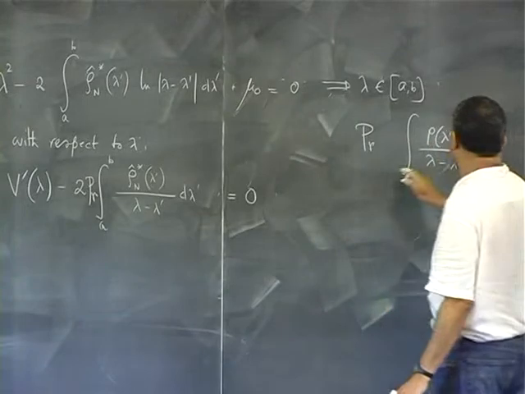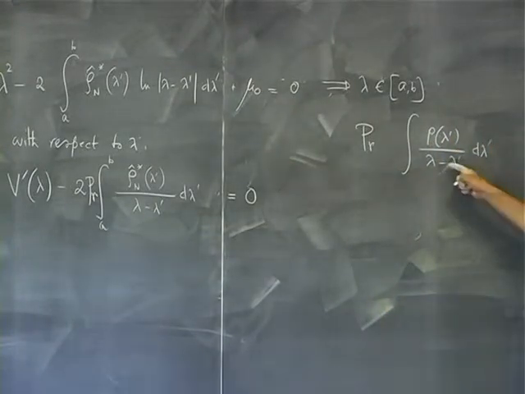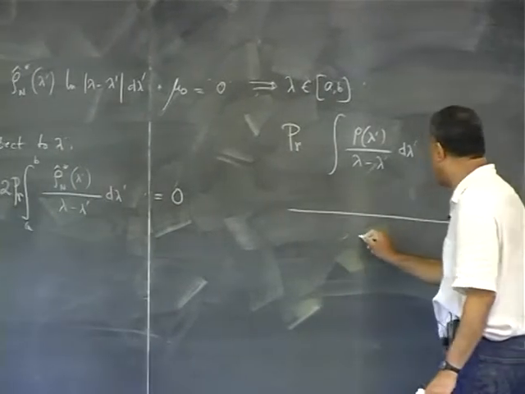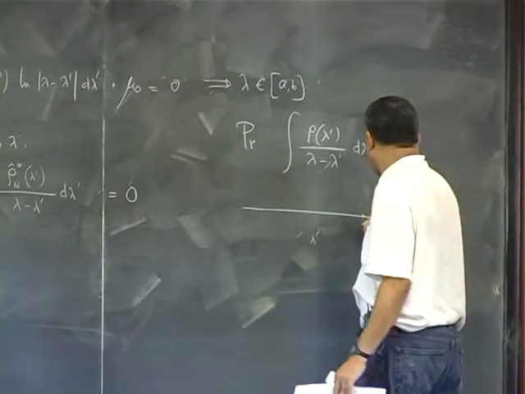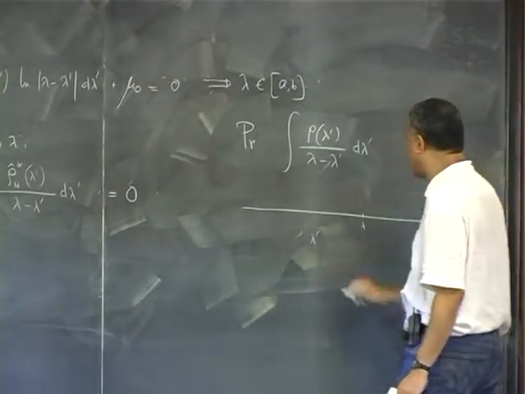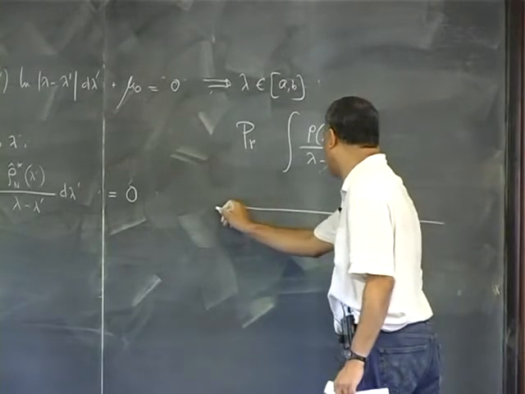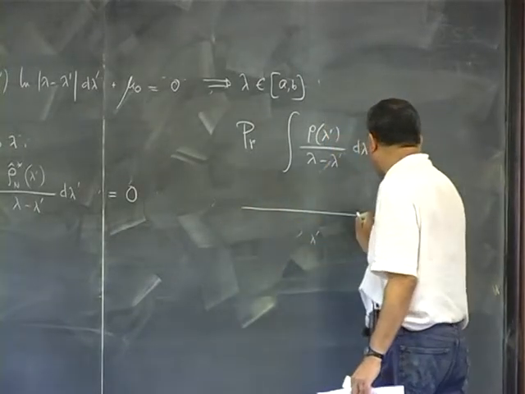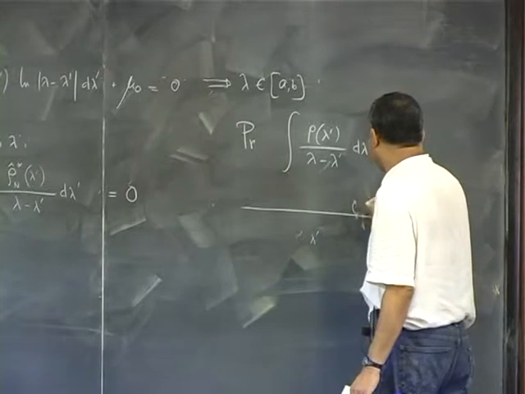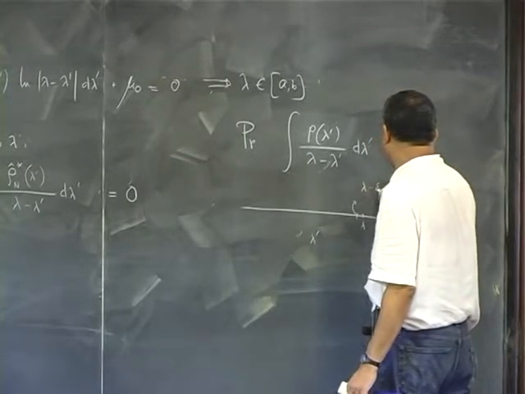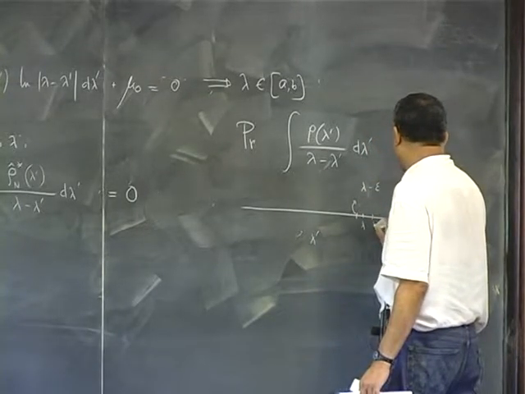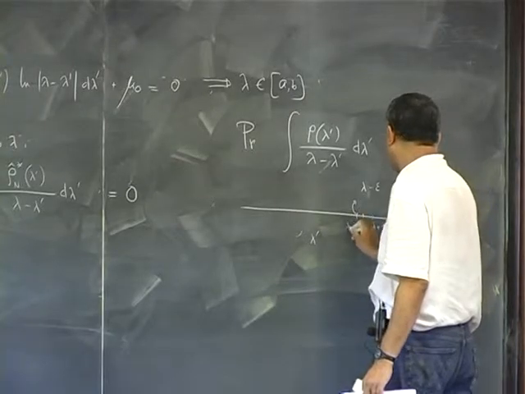This integral diverges in the lambda plane, at lambda equal to lambda prime. We are varying this lambda prime, and there is a lambda here where there is a divergence. So principal value means you go from your lower limit up to lambda minus epsilon, and then from lambda plus epsilon.